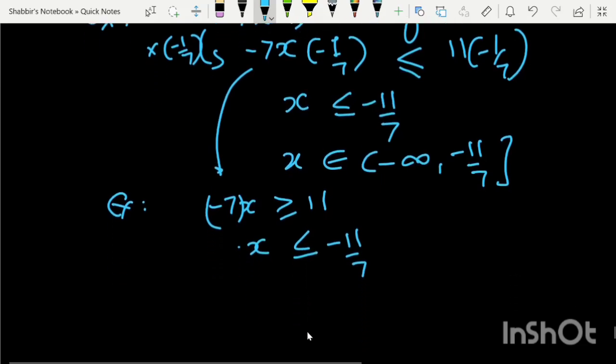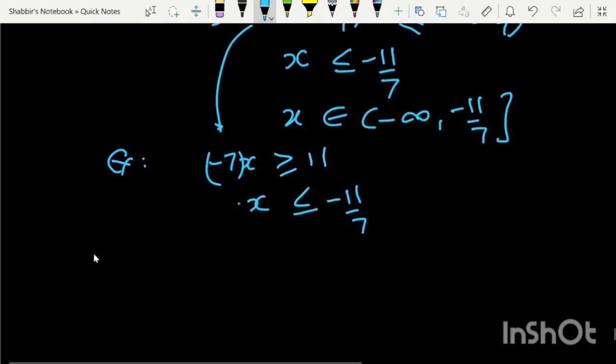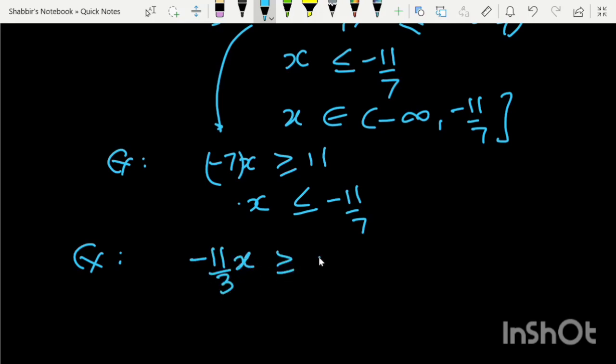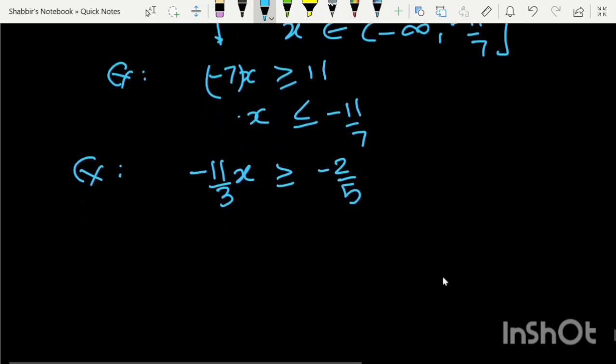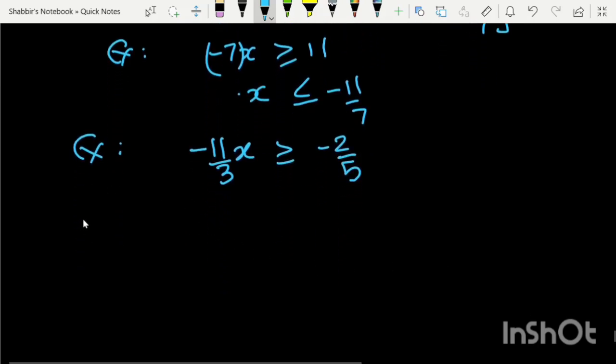Okay, so let's try this sum. Minus 11 by 3 x greater than equal to minus 2 by 5. You have to find x. So what's the answer guys?